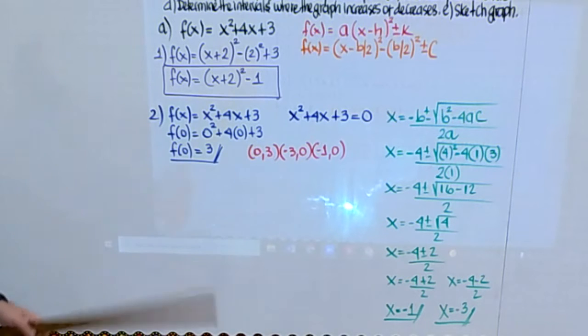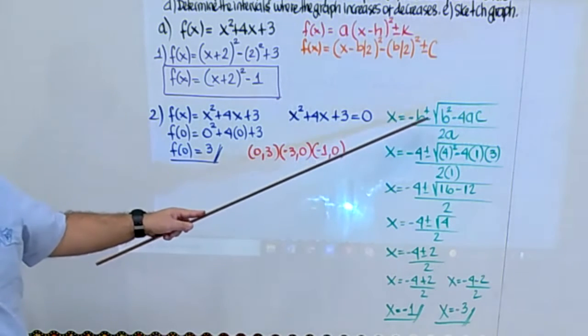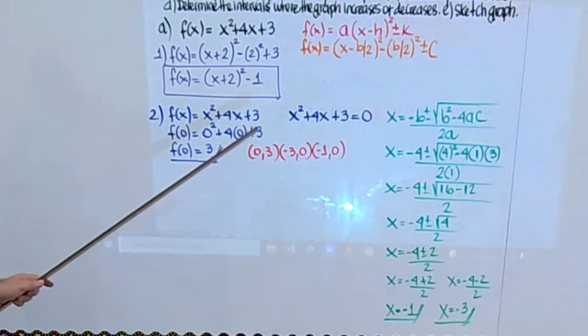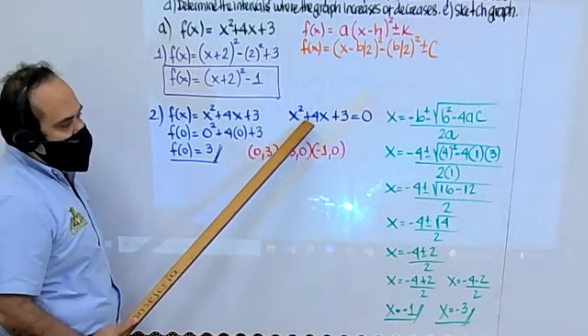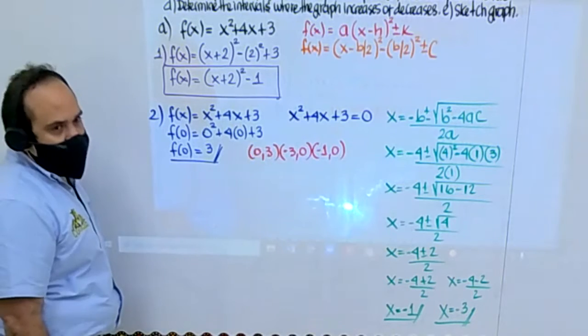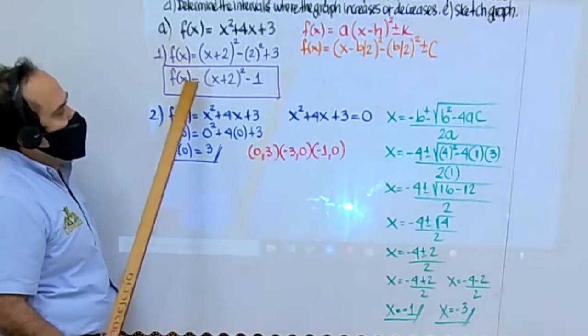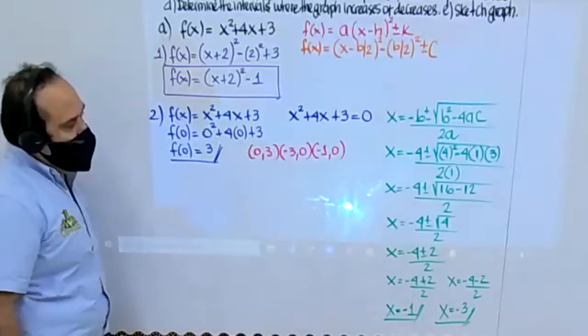Ah, why negative 4? Because the formula says negative b, and because b is positive 4, negative times positive gave us negative. Just to explain you already, this quadratic equation, we have 3 ways to solve it. Remember, the trial and error technique, we can use the completed square equation, or the quadratic formula.